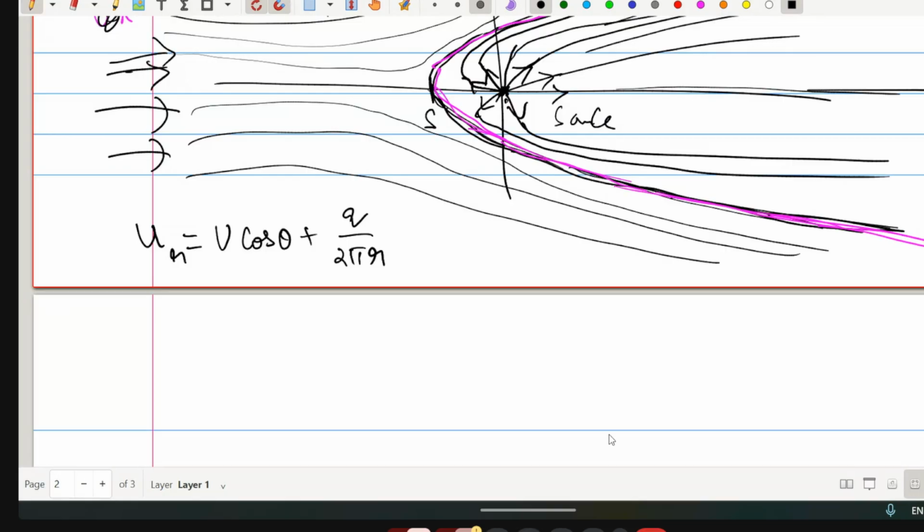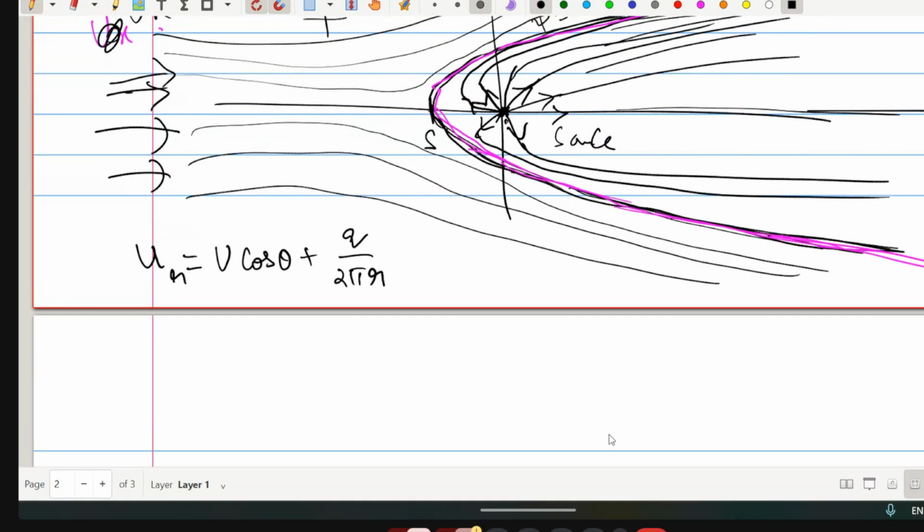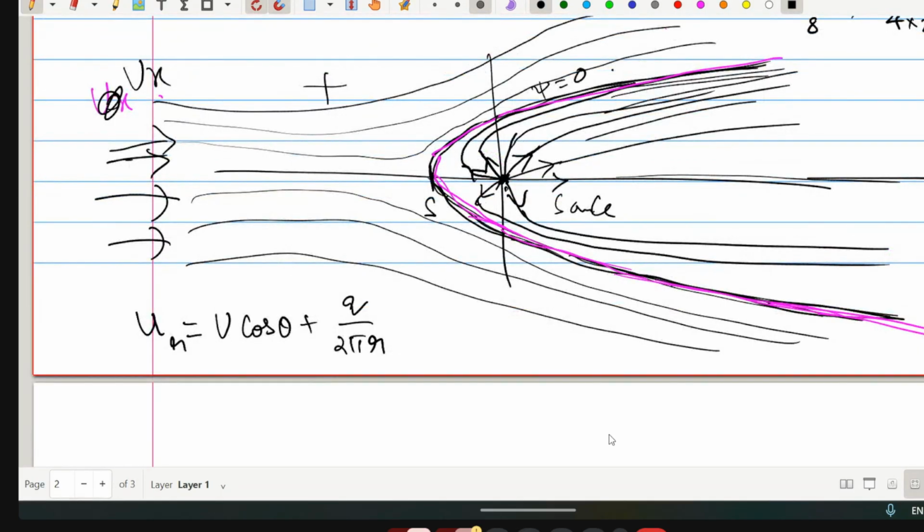So you look at theta equal to 0. So what happens? At theta equal to 0, U plus Q by 2 pi R. When you come very close, theta is between 0 to 2 pi. Let us say this takes positive and negative values, but Q divided by 2 pi R, what happens?